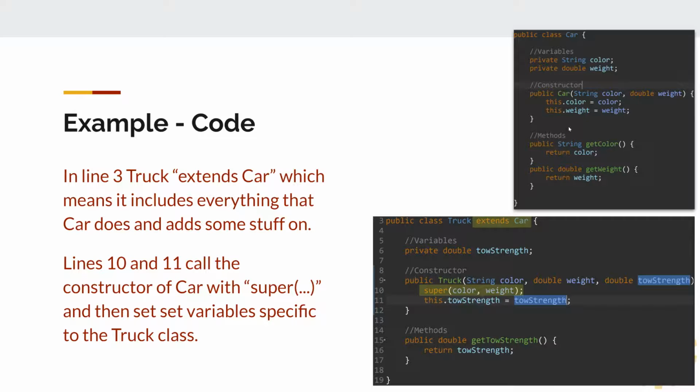In this example it's not super useful, but if you have a bunch of code in the car constructor that you want to make sure gets run, you call this method called super, which just calls its parent's constructor basically. Then obviously you have to set your class specific variables down here, and then it adds a method like this.